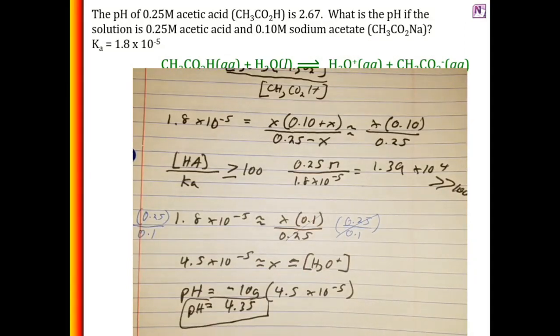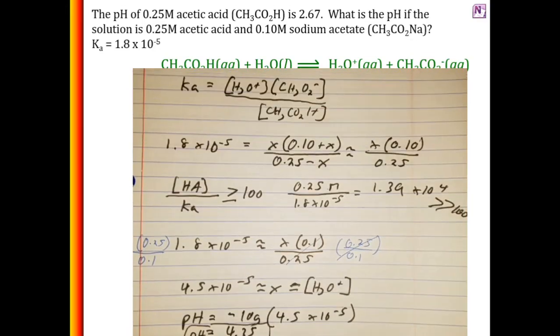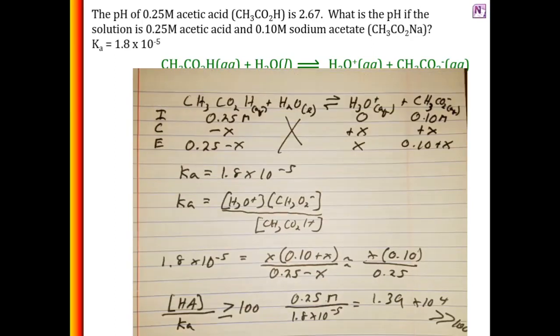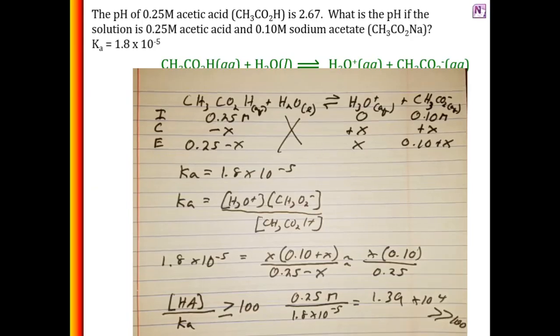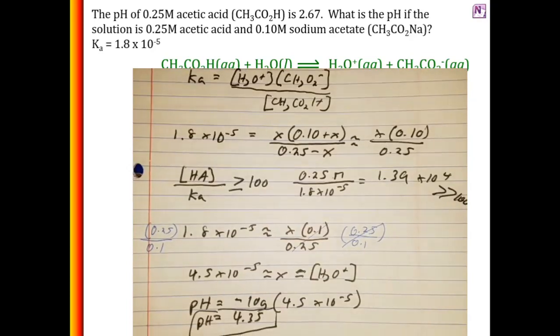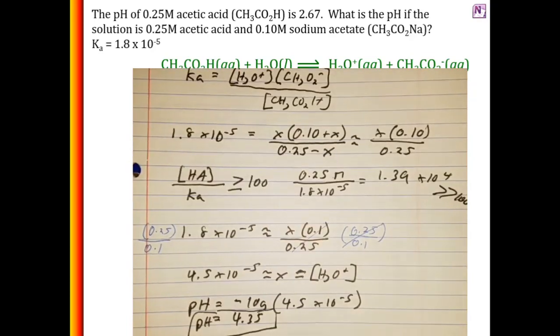Okay, so I'll pull this back down so you can see the ice table, so you have a good idea. Then I will show you all of the work down below. So that's where we came from, and that's where we ended up.